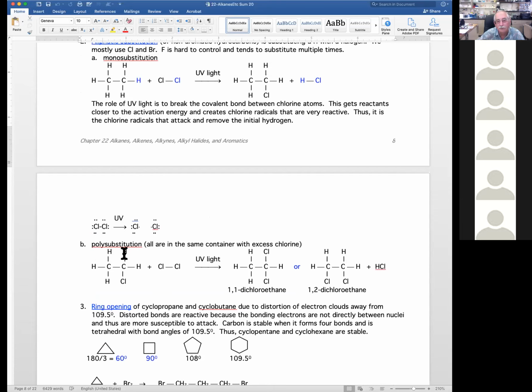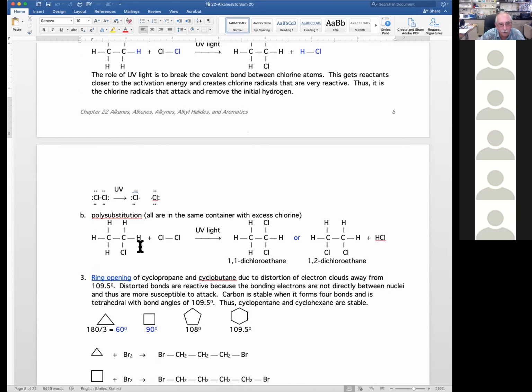So now I have two possible substitution products. One would be if I substituted one of the hydrogens here, which would be this one. And one would be if I substitute one of the hydrogens over here, which would be this one. So the two possibilities are 1,1-dichloroethane and 1,2-dichloroethane.